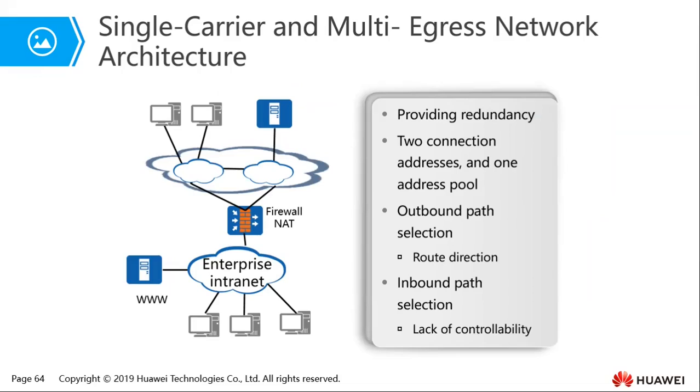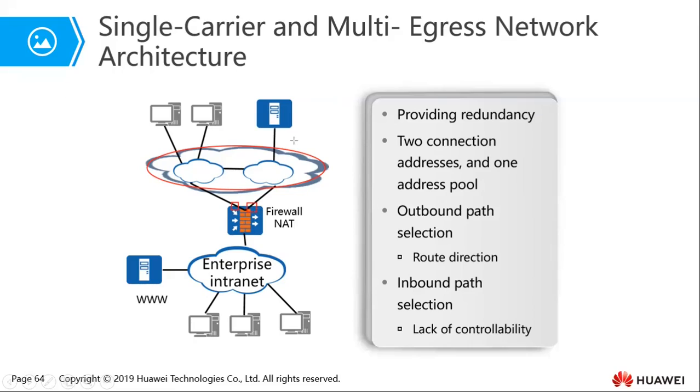Now, in order to implement redundancy, sometimes we might need to have a single carrier. That means we have a single ISP, but we have multiple egress. So what you're having here is this guy is our ISP. We have a single ISP, but we have two connections to different points of our ISP. So we have one connection there and another connection there.